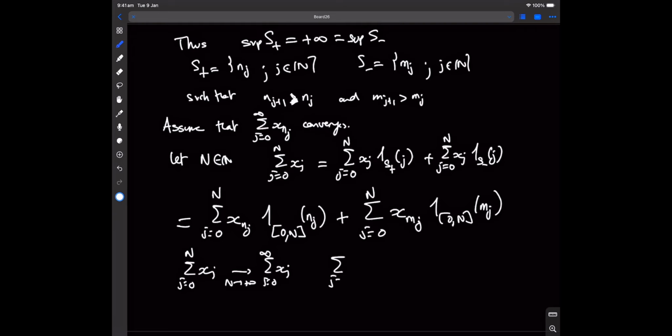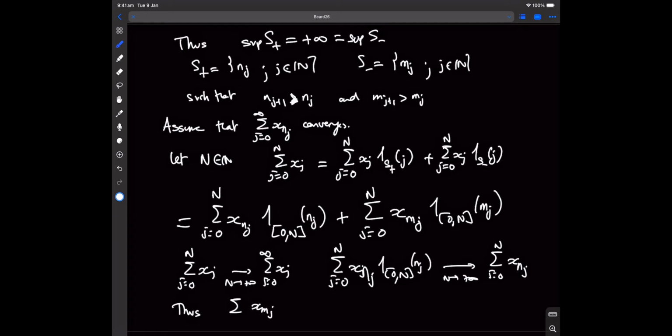So if you send capital N to infinity, you are now not restricting anything here, because you're summing up all of this non-negative x_{n_j}, then this also converges to a limit which is a non-negative real number. All right, but what is that telling me? It's telling me that the sum of the x_{m_j} also converges.